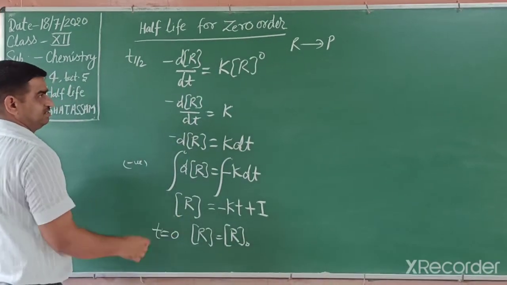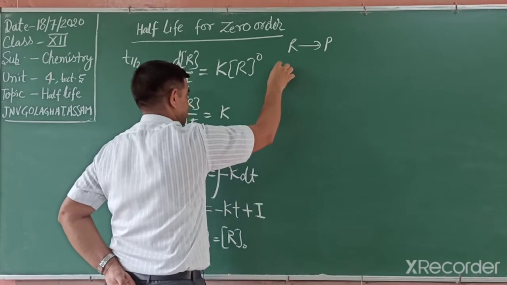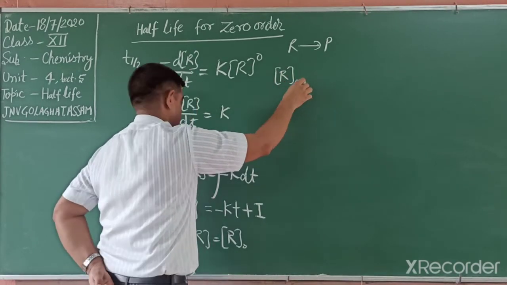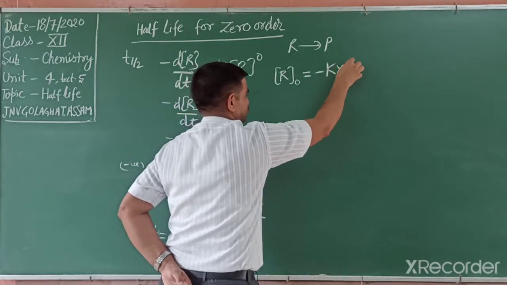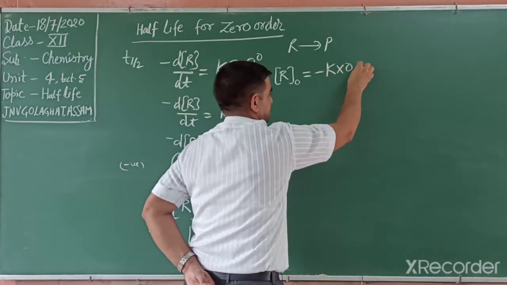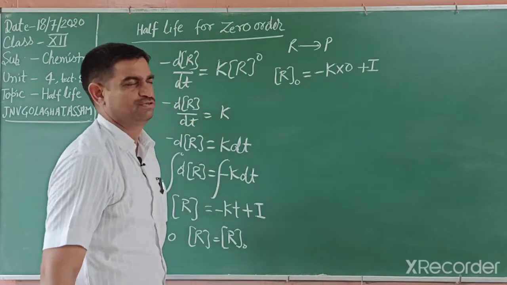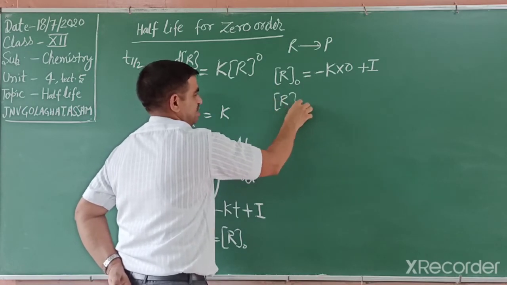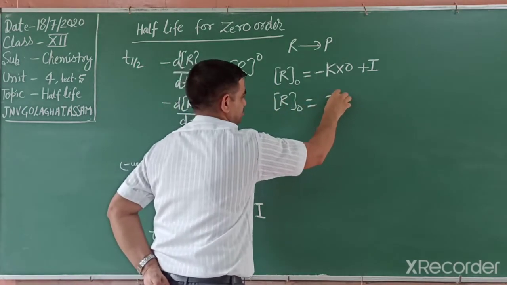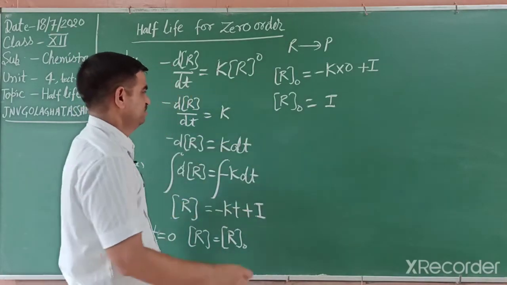So we can write this equation in this way, R naught is equal to minus k into 0 plus I. So in this way we get integration constant value I. We can write R naught is equal to I. Substitute the integration constant value in this equation.